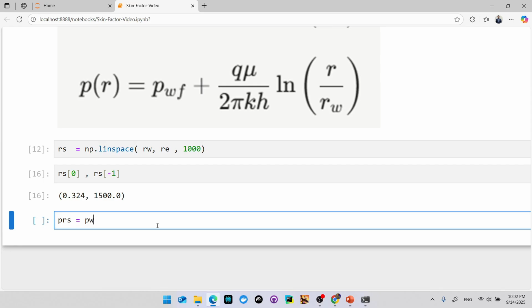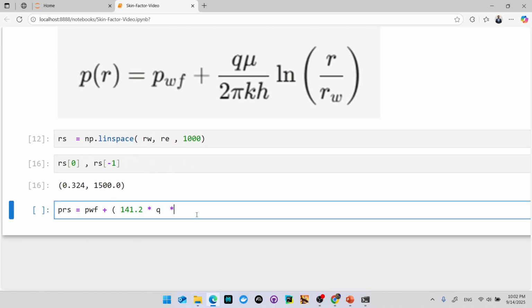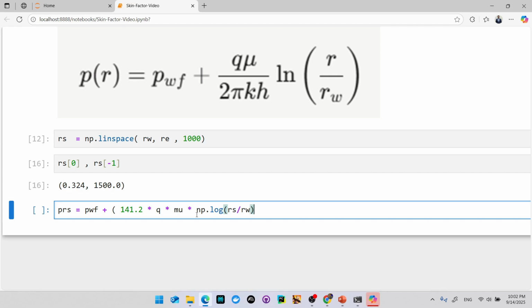So the PRs is going to be BWF that we have, plus, and now because we are working with the field units, it's going to be 141.2 times Q that we solved for in the system, times mu, times np.log rs over rw. This is divided by k times h.